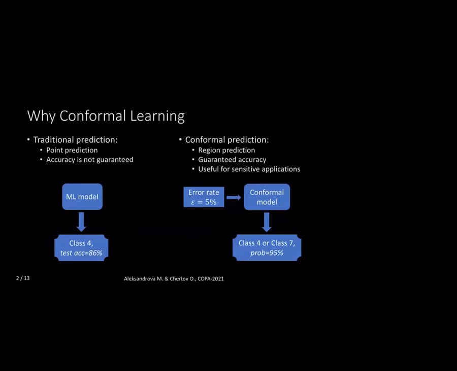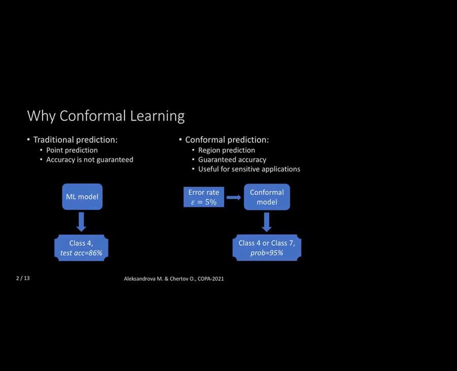I would like to start with a bit of introduction and why conformal learning can be very interesting in practical applications. So we already have our traditional machine learning framework that results in so-called point predictions, that is one class label in case of classification or one value in case of regression.